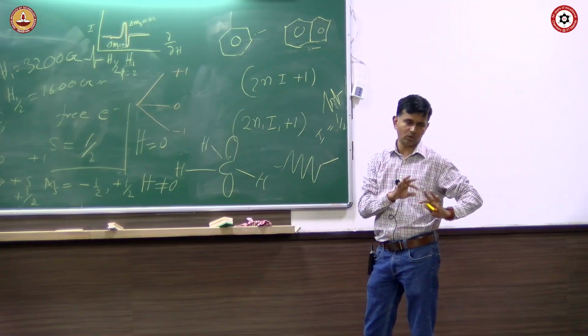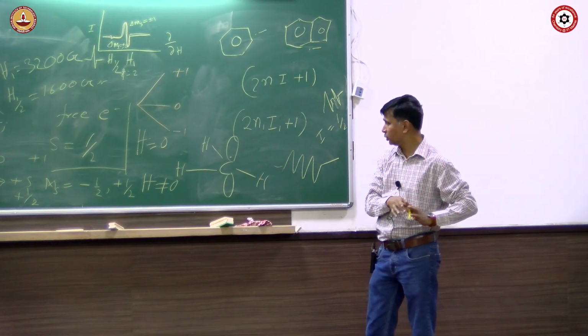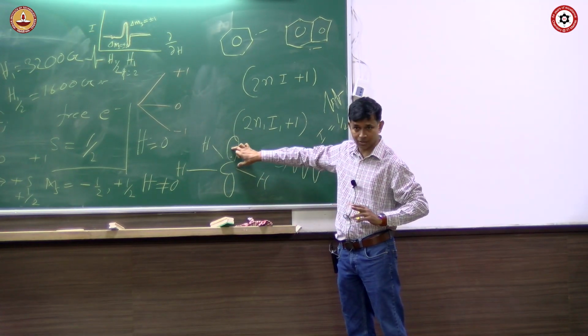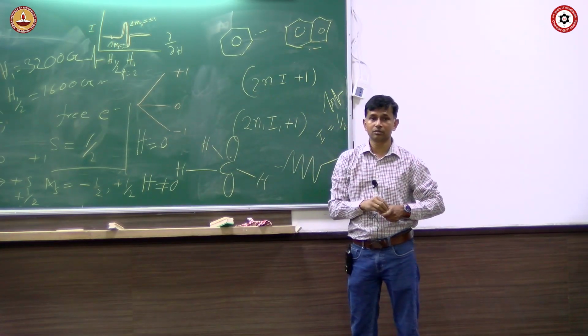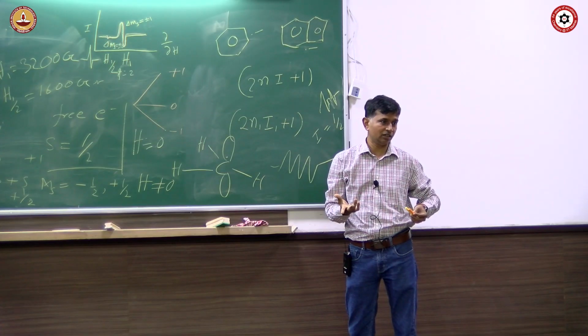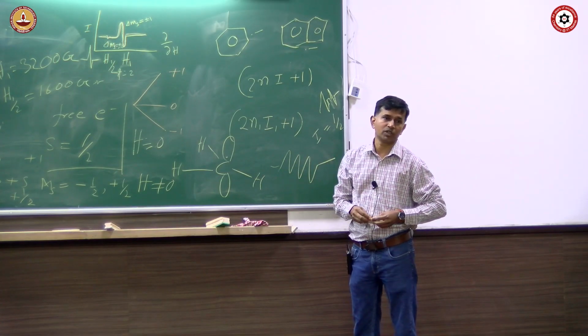I can keep the same one electron in different ways. Do you think the spin density distribution, the shape, here and here are the same? No, it's changing, right? So that effect you will also see in the EPR.